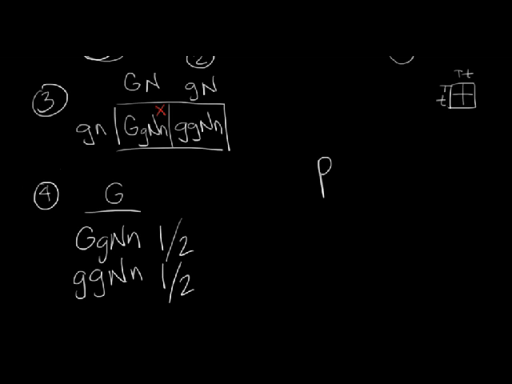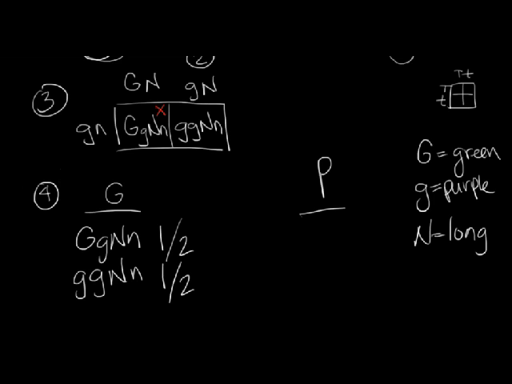And then finally, our last one is phenotypes, where we're going to interpret what the genotypes we just wrote mean. So I'm going to write out our alleles one more time. Big N is long, and little n is short.